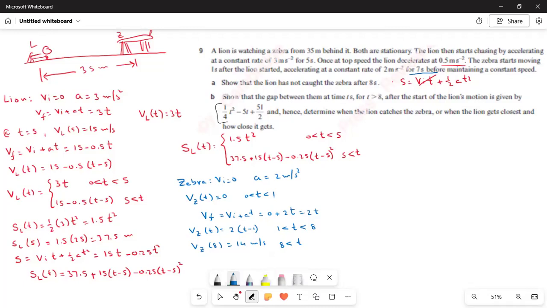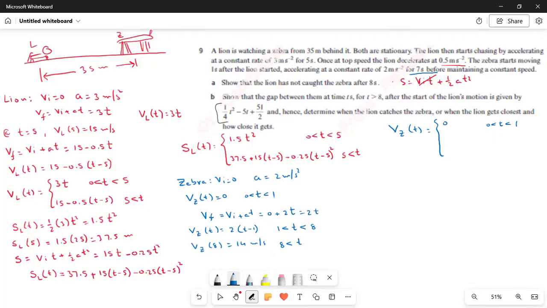Okay, so I can write the velocity of zebra as a function of time. It was 0 when t is from 0 to 1, right? In the first second, it was 0.